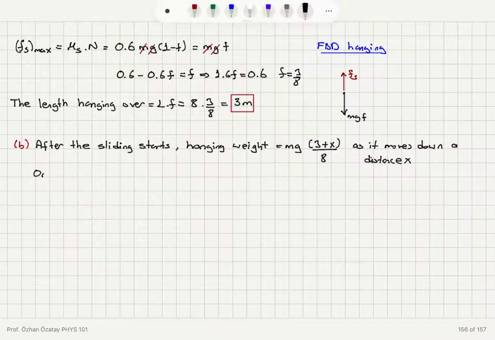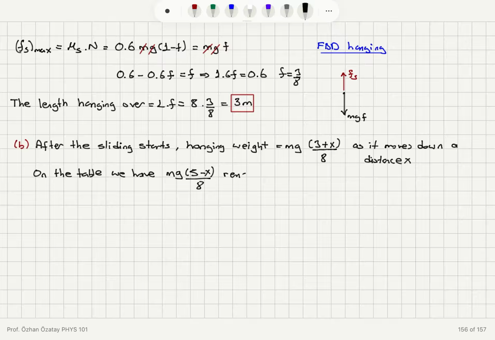And on the table, we have again mg. Now we have 3 meters, 8 minus 3, 5, and (5 minus x)/8 is the fraction that is remaining on the table.